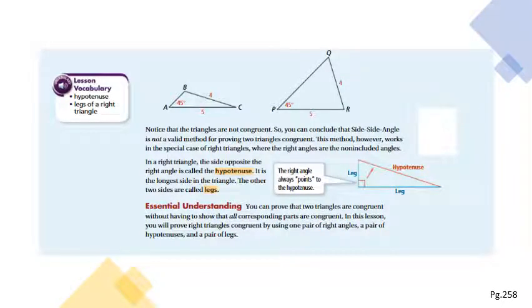Okay, so let's see here. I want you to look at these two triangles. They put here that AC is 5. Is it right? So what can we call this 5? This side, we can call it the hypotenuse, because it's the longest side in this triangle.